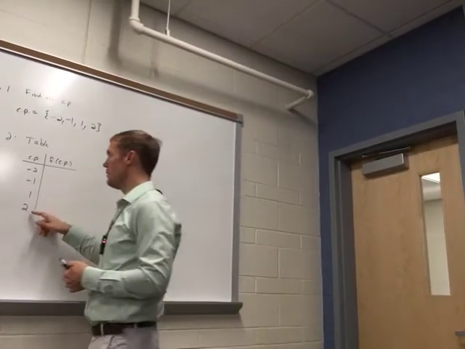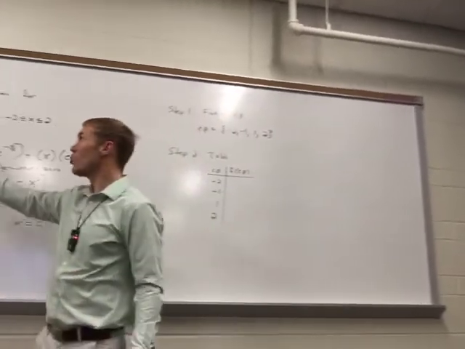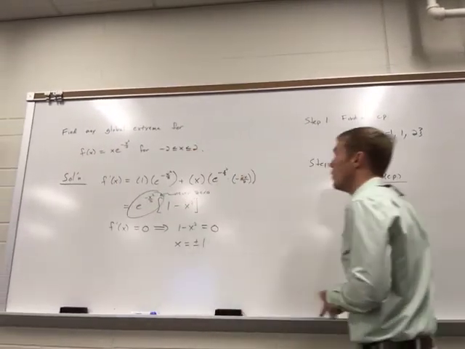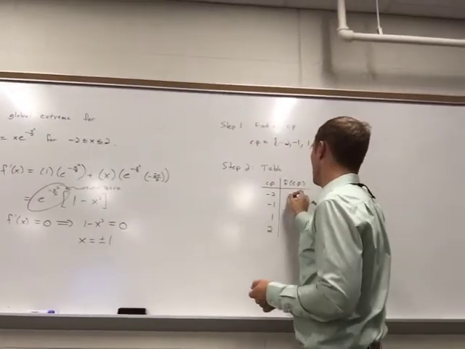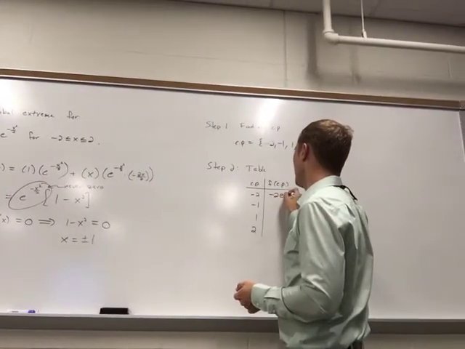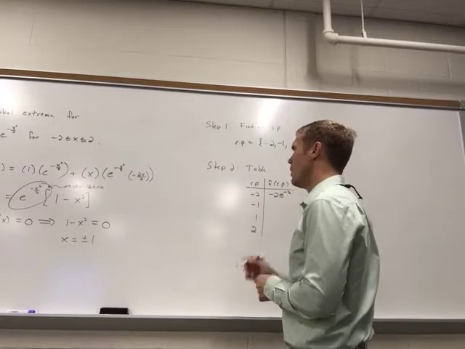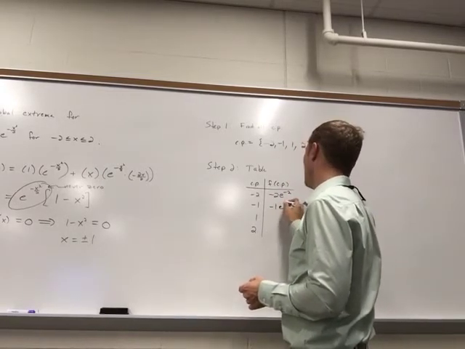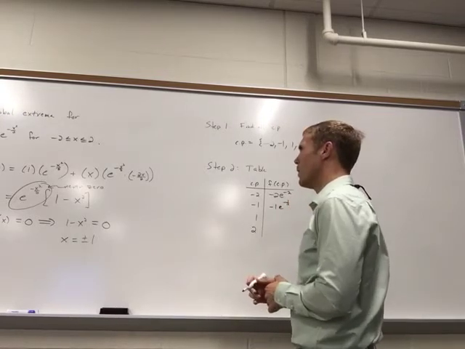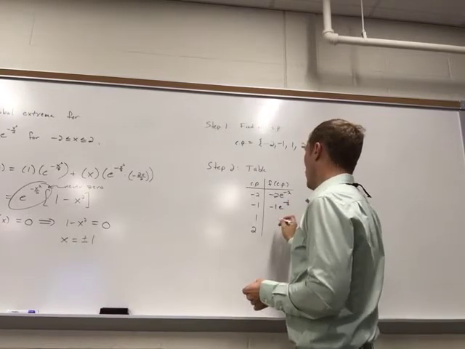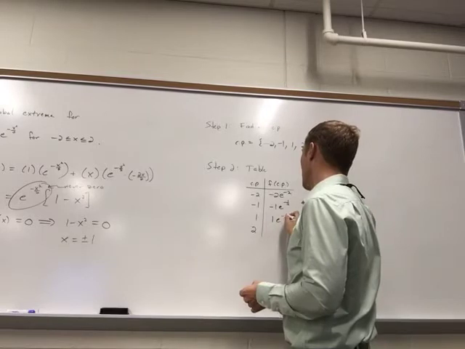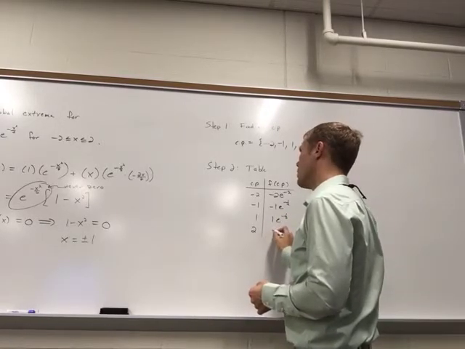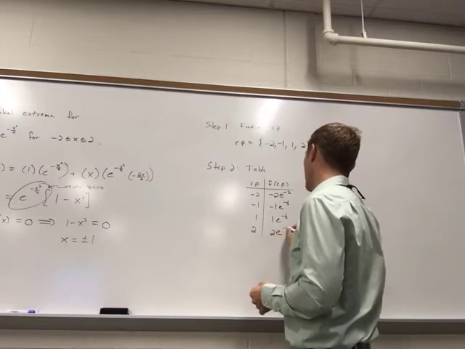Putting these values into the original f of x, not the derivative, should give me negative 2 e to the negative 2, negative 1 e to the negative 1/2, 1 e to the negative 1/2, and 2 e to the negative 2.